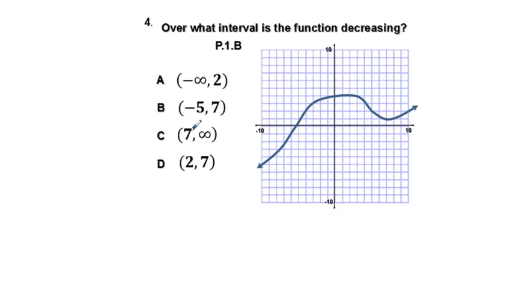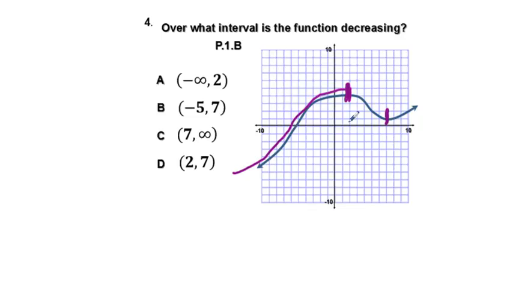4, over what interval is the function decreasing? Now we look over what x interval. Well, we see that from negative infinity, the function is increasing all the way up, until we get about here. So there's where the function stops increasing. And then the function is decreasing all the way down to about here.